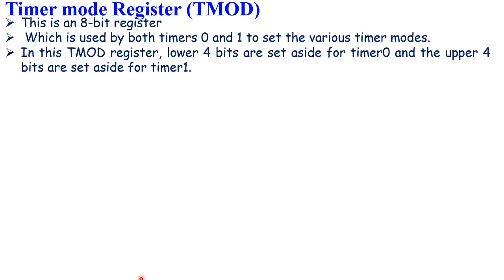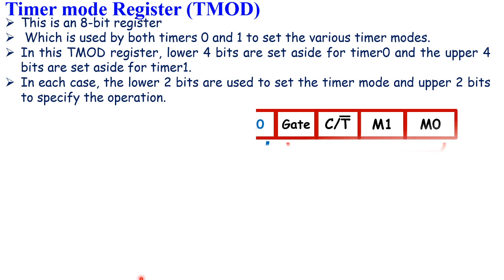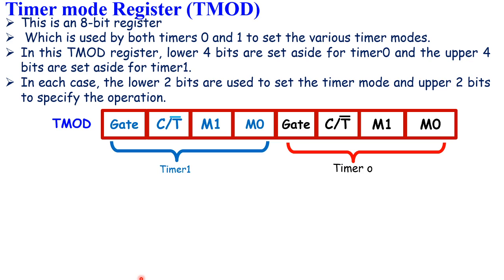In this TMOD register, the lower 4 bits are set aside for timer 0 and the upper 4 bits for timer 1. Now how is it? This is the TMOD register having the format like this: M0, M1, C/T bar and gate.